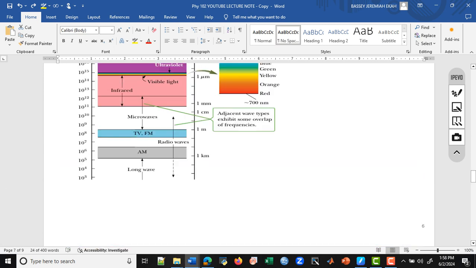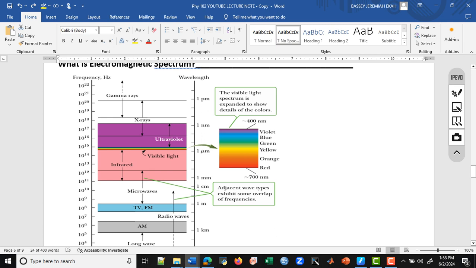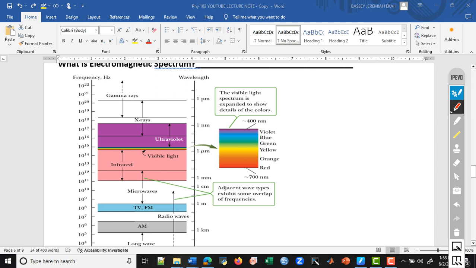If you come back to this figure, I made mention of the frequency and the wavelength, and I also said that frequency is inversely proportional to wavelength. If I begin to list the members of this electromagnetic spectrum in order of increasing wavelength, we have a short wavelength up here.